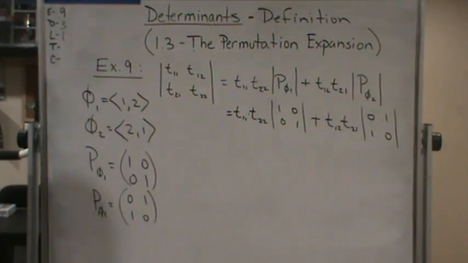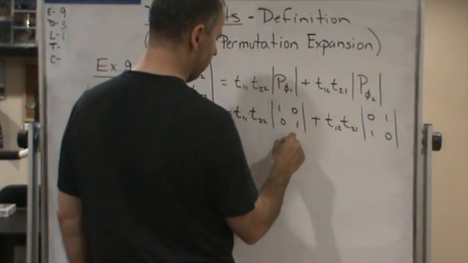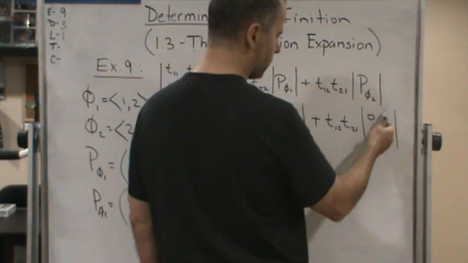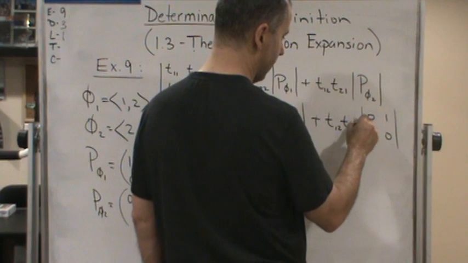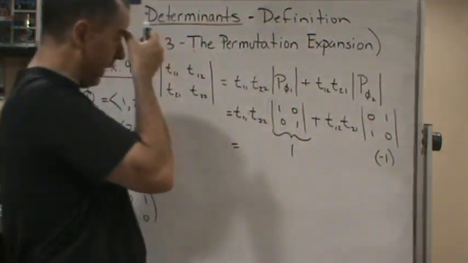Now the cool thing is this first determinant is just 1. And for this one we have to swap the rows, which makes it a negative 1. Right?